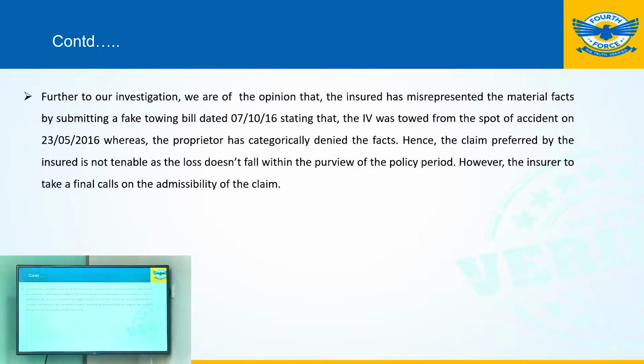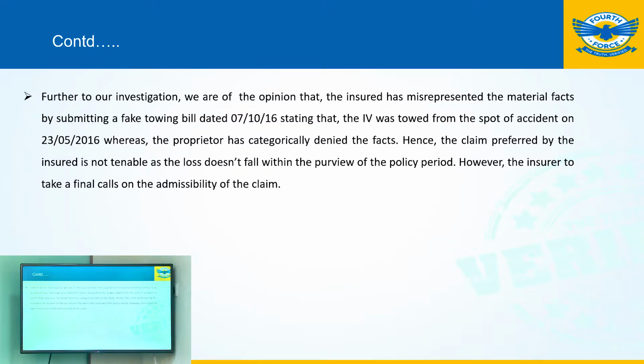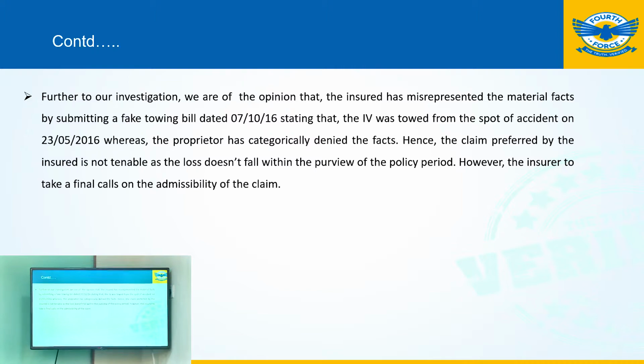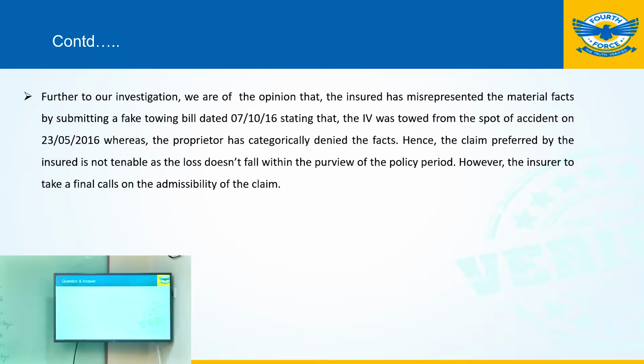After the insured came to know there was no policy, they shifted the vehicle to the garage and somehow managed to get a policy, as if it was done on 24th or 25th, and then showed that the vehicle met with an accident on 26th, which is not true. So there was an issue in admissibility of the claim, and we have to conclude this claim saying that it is not admissible.